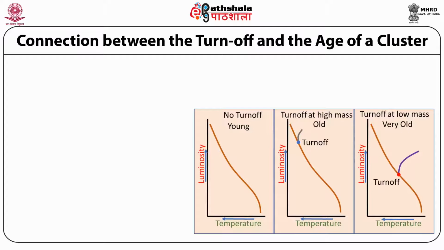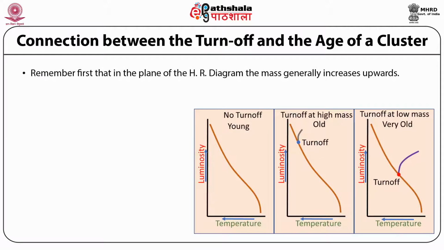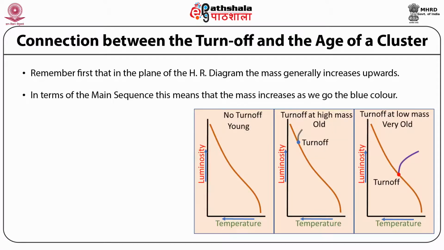Connection between the turnoff and the age of a cluster. Let us now come back to the HR diagram of a star cluster. Remember first that in the plane of the HR diagram, the mass generally increases upwards. In terms of the main sequence, this means that the mass increases as we go to the blue color.